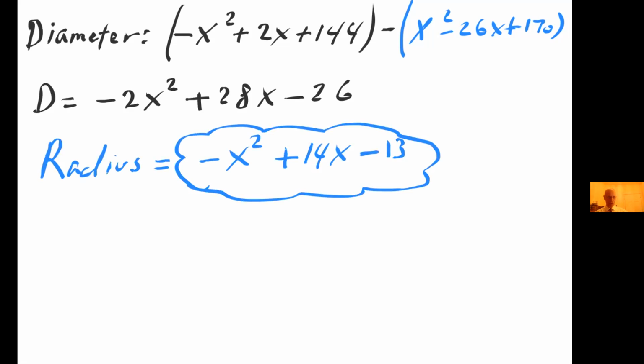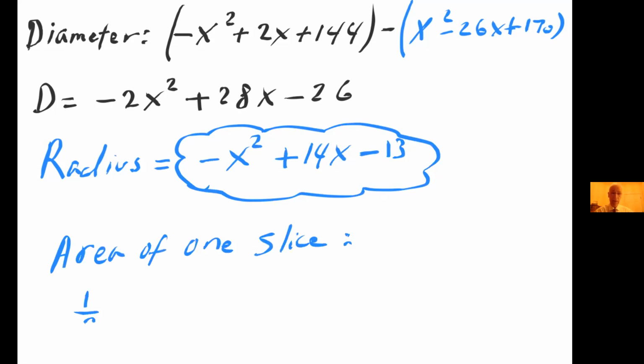Okay. So the area of one slice equals 1/2, because it's a semicircle. You see, if I had a circle, it would be pi r squared, but it's a semicircle. So 1/2 of pi times the radius squared: minus x to the second plus 14x minus 13, quantity squared.